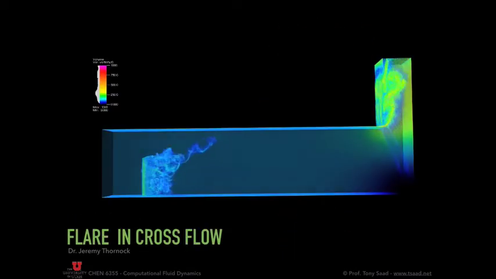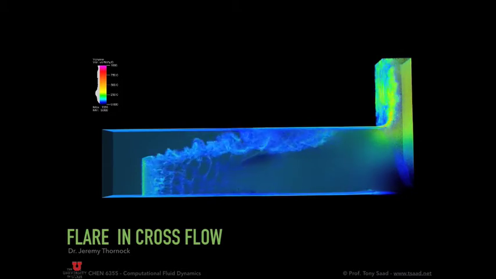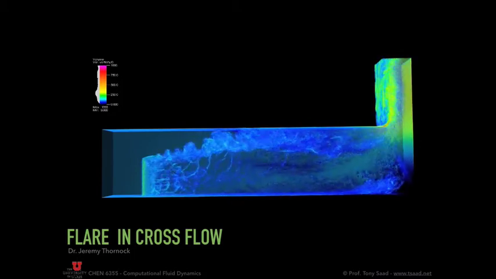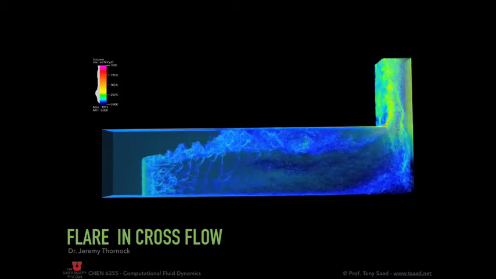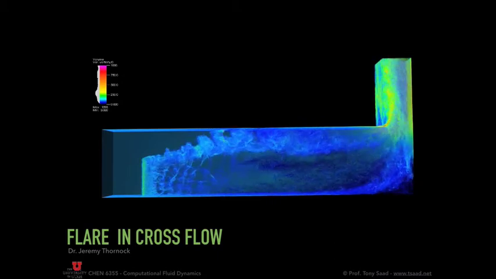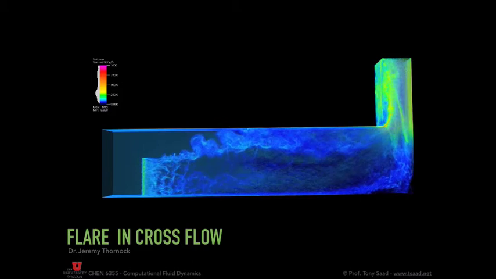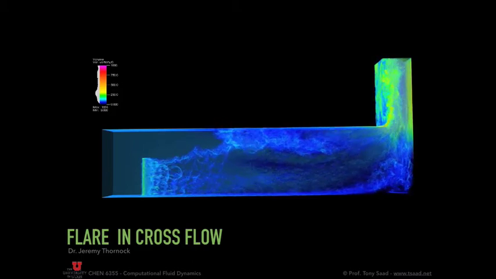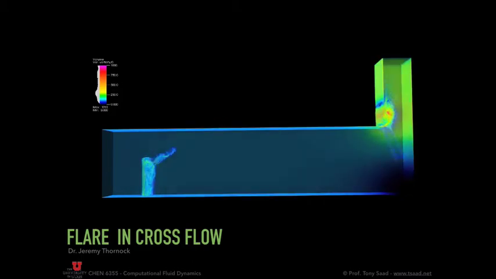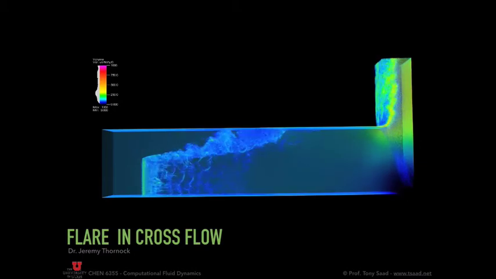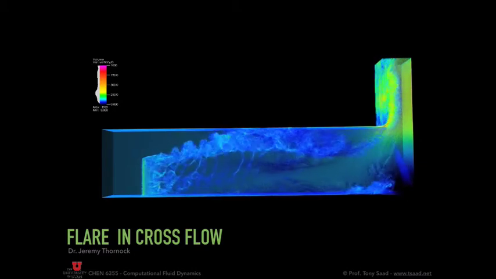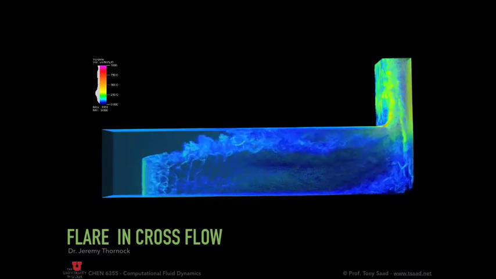This is another simulation from our group. This is a flare. So typically flares are used in industry to release all the gases in an industrial compound overnight. So you don't want to shut off your machinery because it's costly to get them started the next day. So you just let them run through the night.